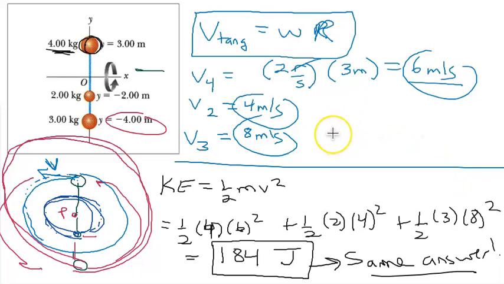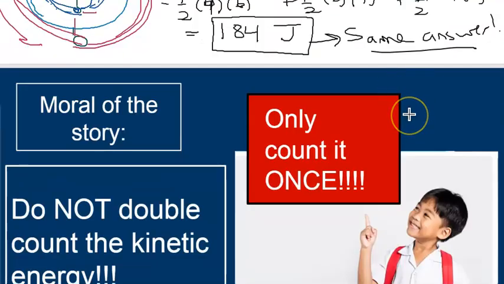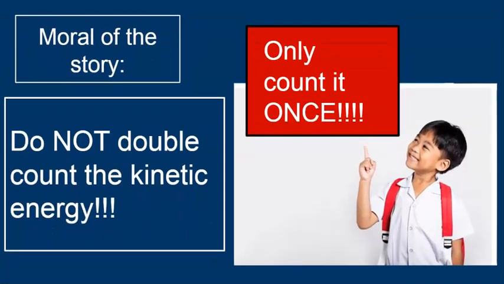Okay, but this is the last warning. We're almost done with the video. The moral of the story is do not double count. Sorry, I'm running out of room, I can't scroll anymore. Do not double count the energy. Don't say that the total kinetic energy is 184 plus 184. It's not.